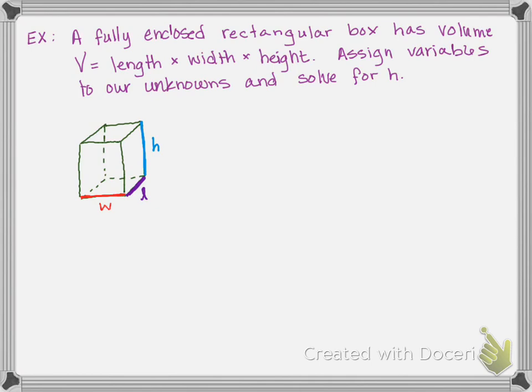Just like with a rectangle, when you find the area, you just do width times length, right? Even though there are 2 sides that have that width and 2 sides that have that length.